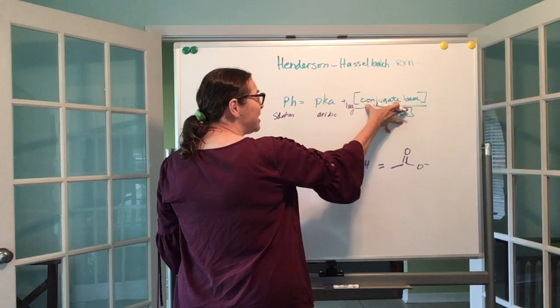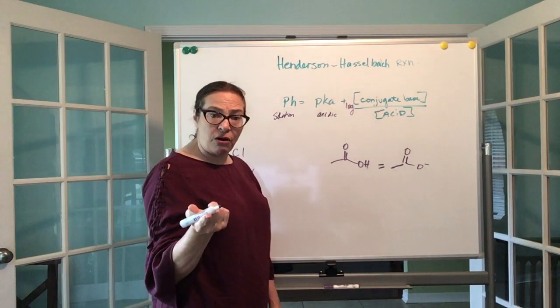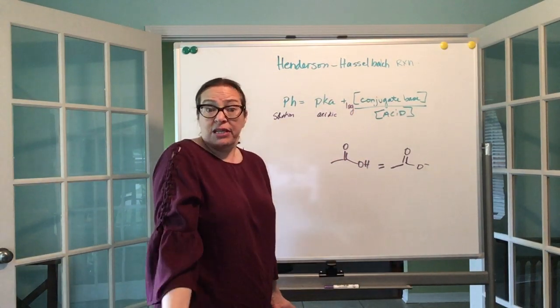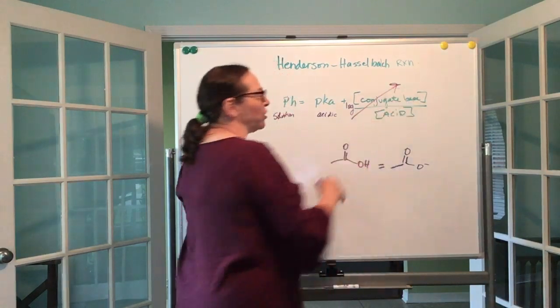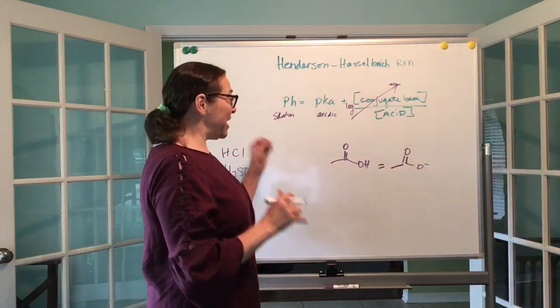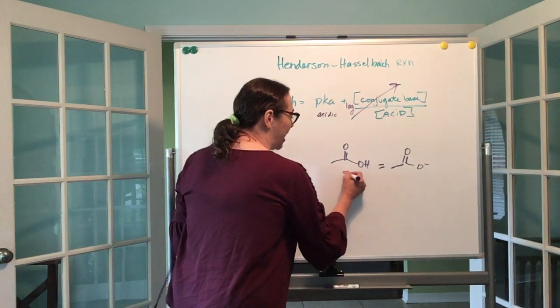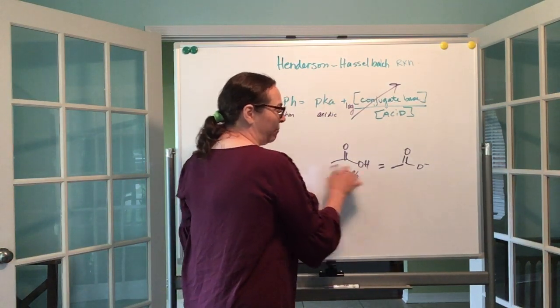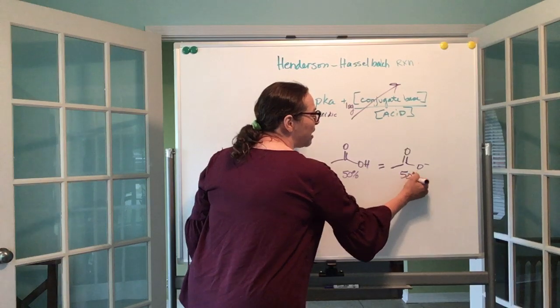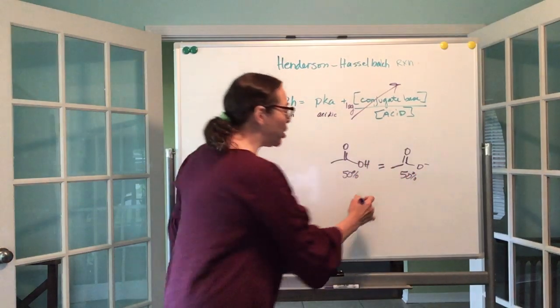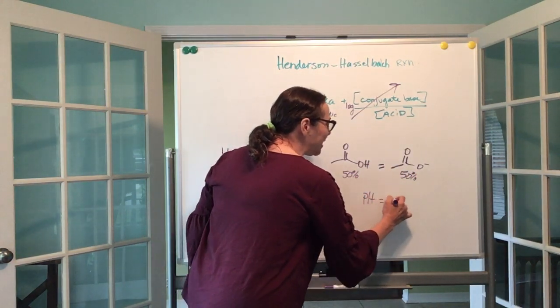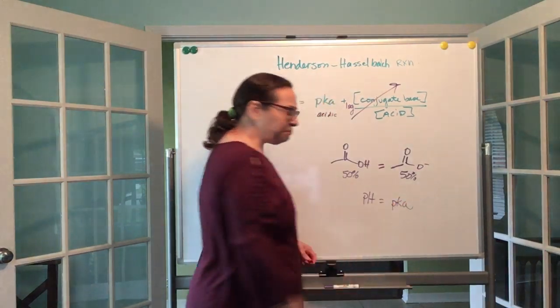The log of this number is equal to 0, because the log of 1 is equal to 0. So this whole factor gets canceled out, which means that at a solution where you have 50% of the protonated compound and 50% of the deprotonated compound, your pH is equal to your pKa.